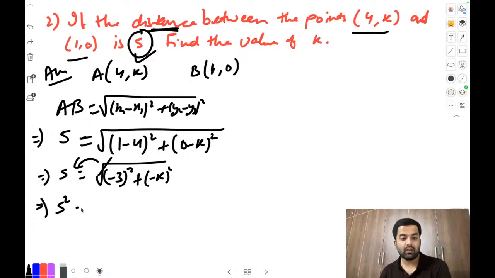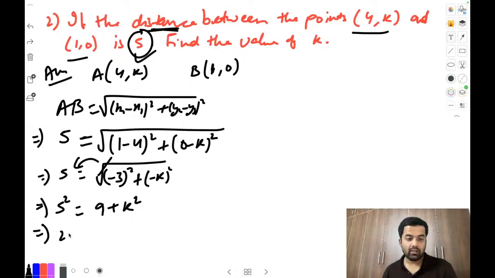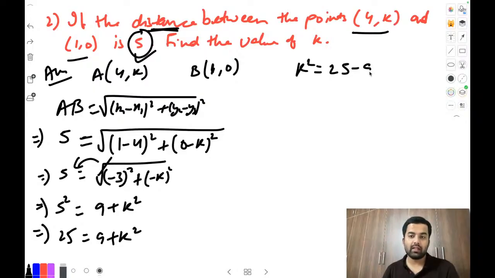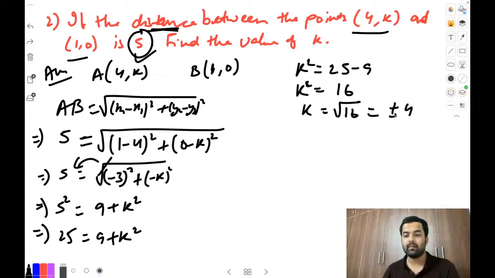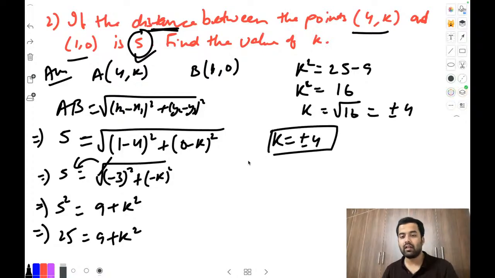This becomes 5 square, and this becomes 9 plus k square. So 25 equals 9 plus k square. Now 9 shifted that side, so 25 minus 9, k square becomes 16, and k becomes root under 16. Answer becomes plus minus 4. So value of k is plus minus 4, both.